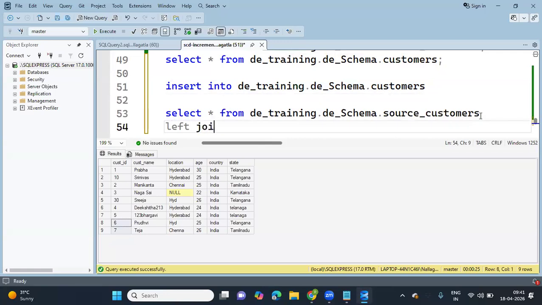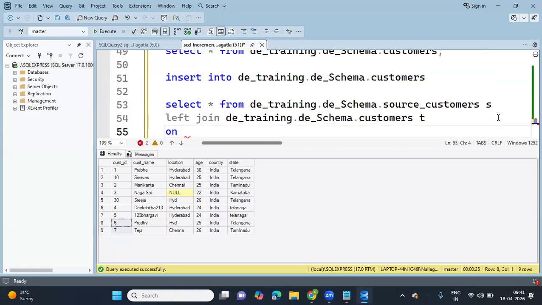Left join with the target table. I'll maintain it as T and this as S, which means source and target, on T dot customer ID equal to S dot customer ID. Okay, let's see what you will get now.